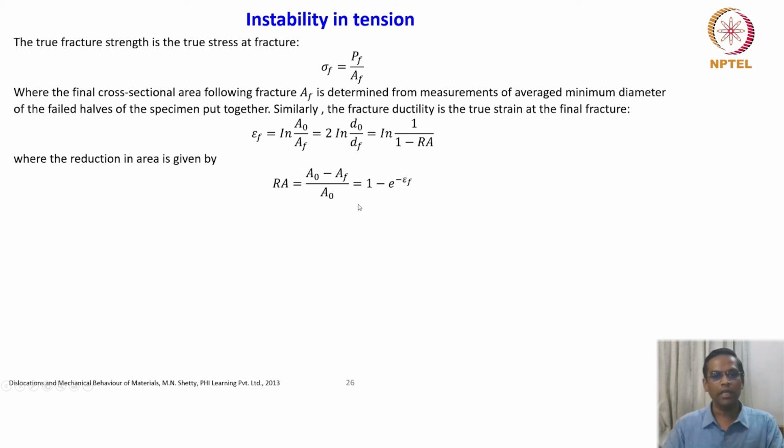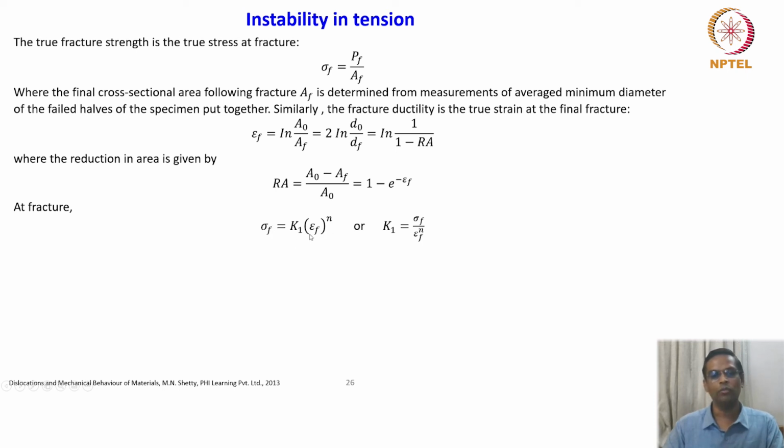So the reduction in area can be written like this: 1 minus e to the power minus epsilon f. And at fracture, we can simply substitute these values. I mean, this is a simple equation where we are now looking only at the fracture.